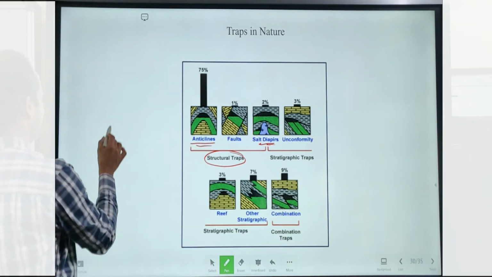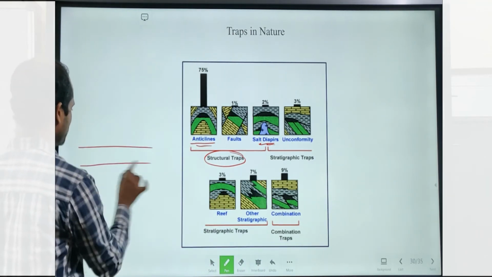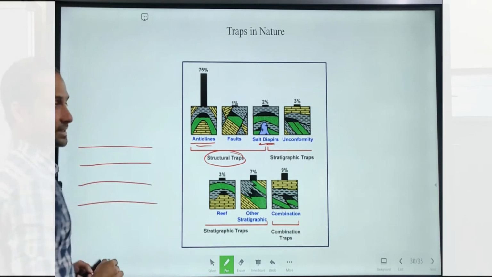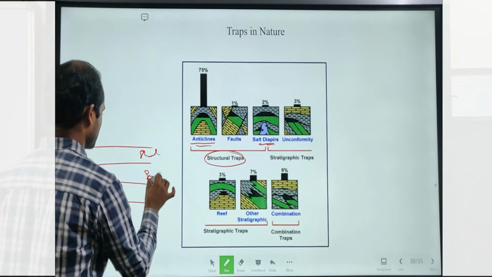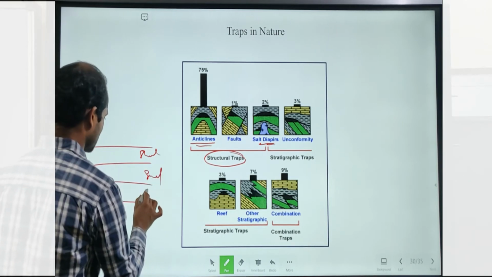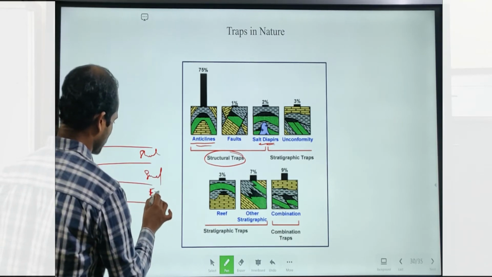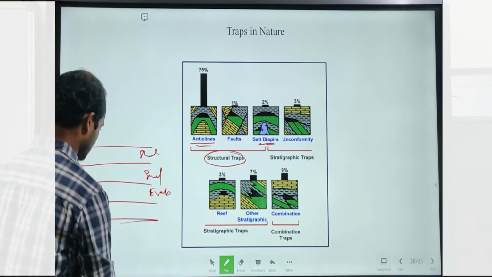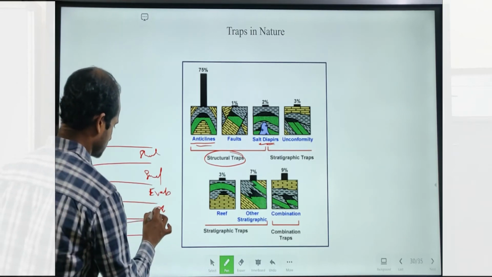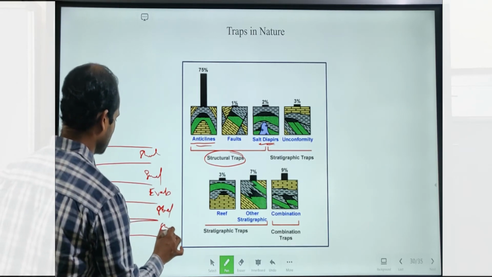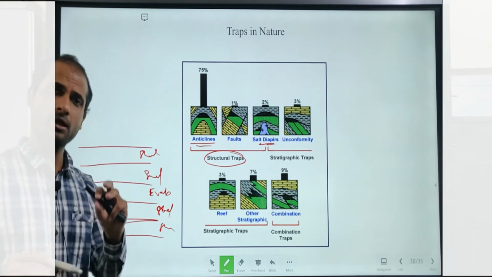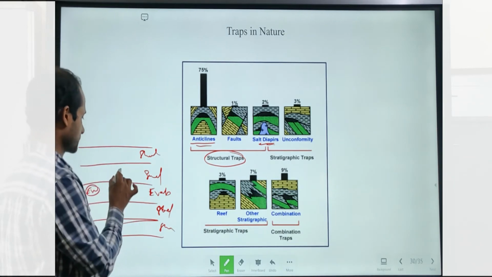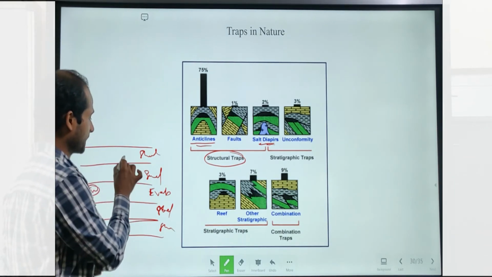Suppose there is a deposition something like this, this is shale, sandstone, then evaporite, then again sandstone, shale, then this evaporite during deposition, because it is very light as compared to sand and shale.